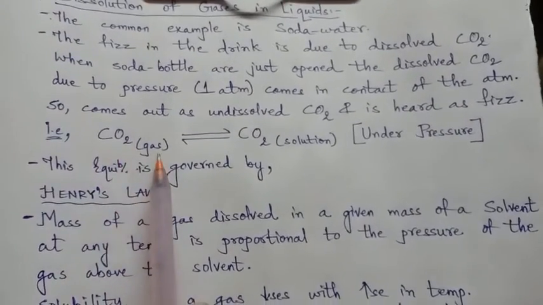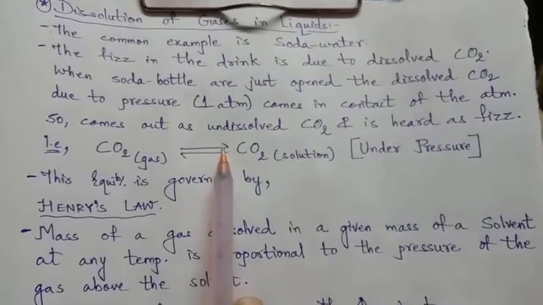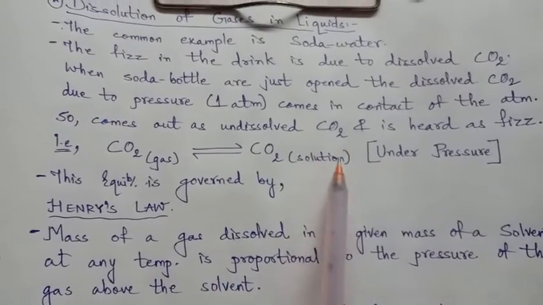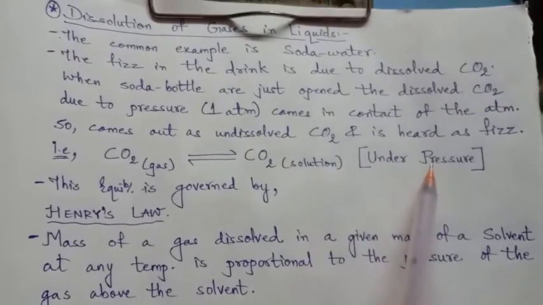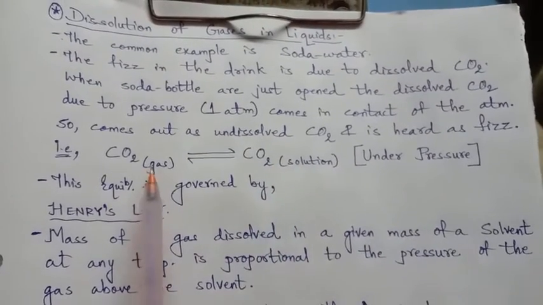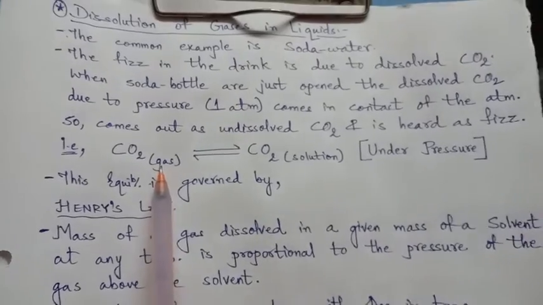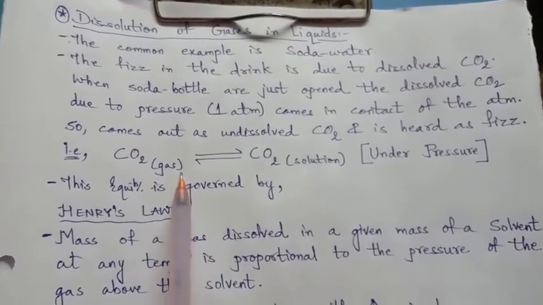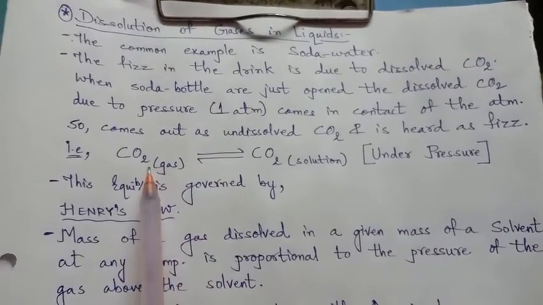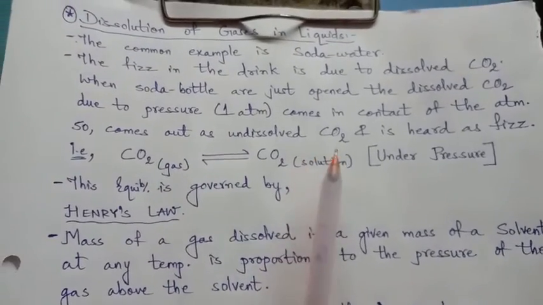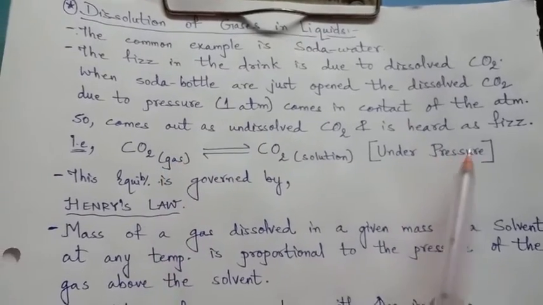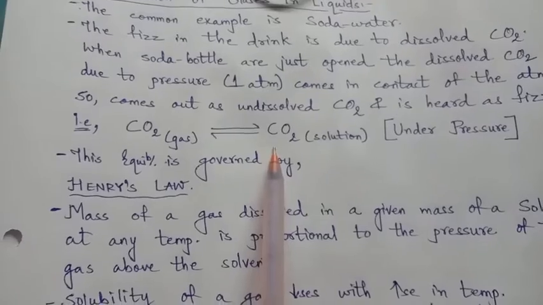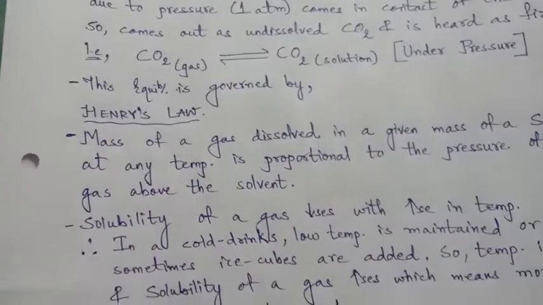So carbon dioxide gas under pressure is filled as a carbon dioxide solution, and the solution, with the effect of pressure, can convert back into carbon dioxide gas. This is the equilibrium: carbon dioxide gaseous form to solution form to gaseous form at respective pressure. This equilibrium is governed by Henry's law.